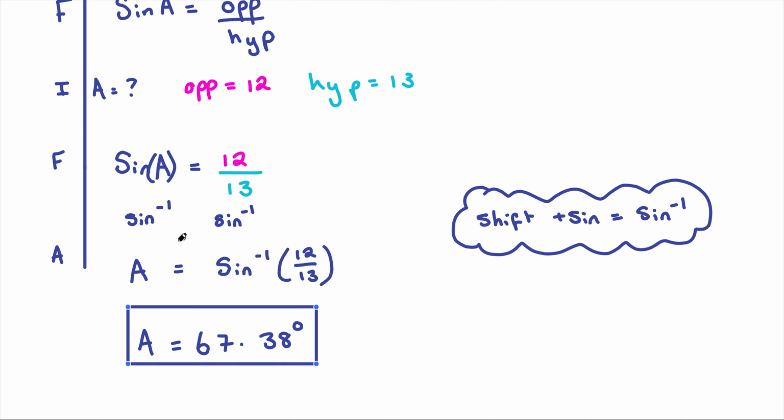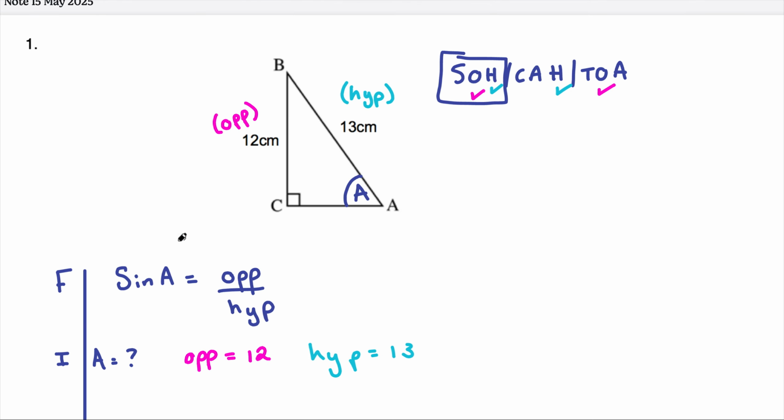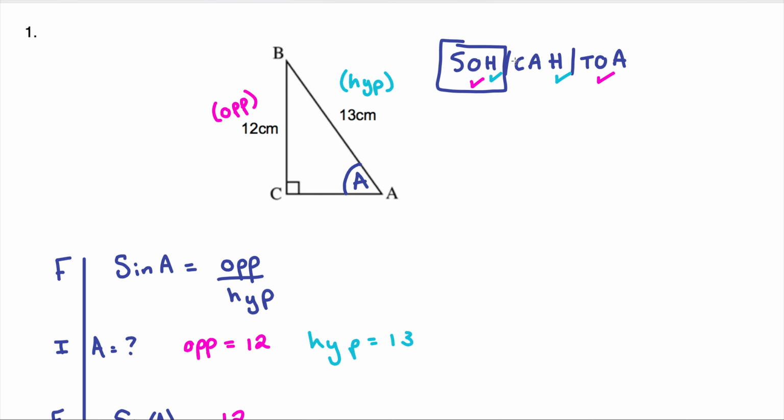So to recap again, the first stage is exactly the same. You write out your word SOHCAHTOA, you label your sides, they get labelled the same as always. You put your ticks under which ones you have, and then you pick your formula. So all of that is the same as everything you've been doing so far.